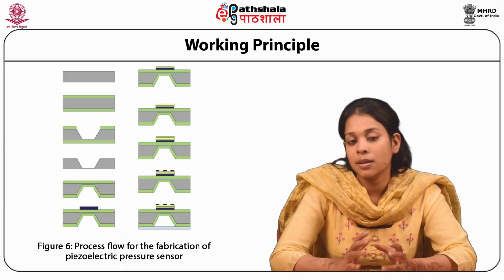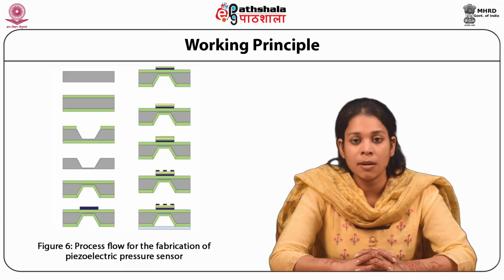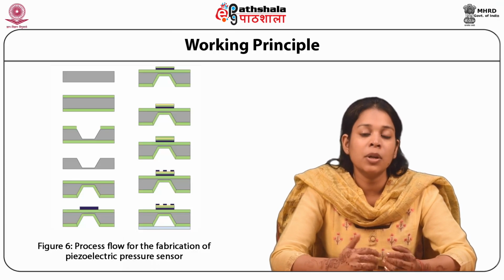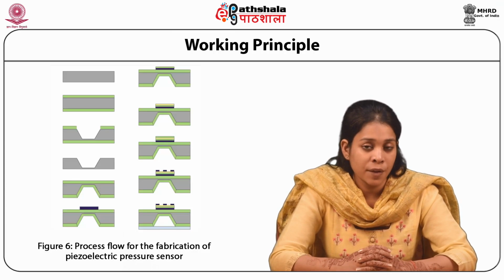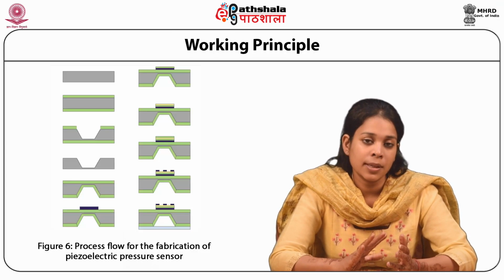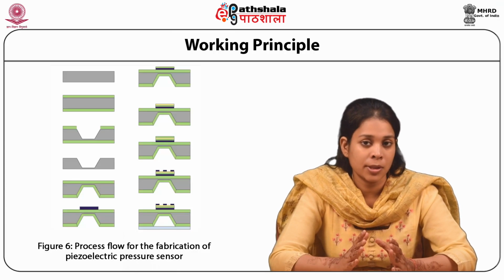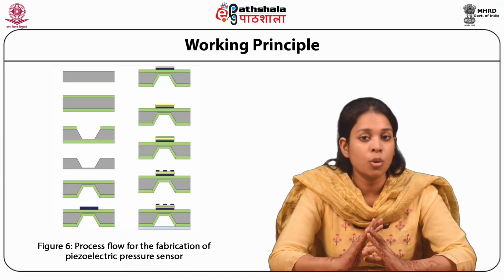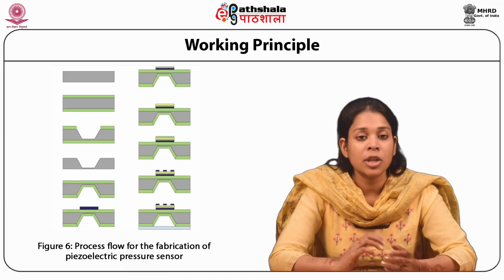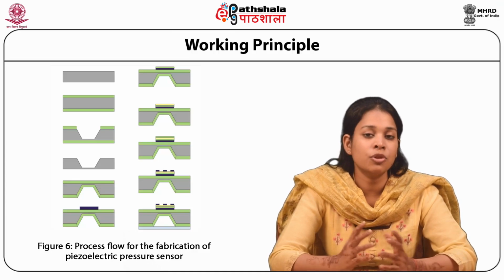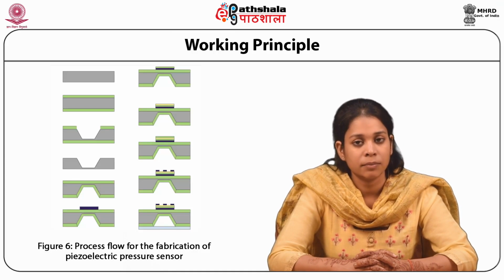So this is the piezoelectric pressure sensor, where the changes will be observed due to the piezoelectric effect, whereas in the previous case, the capacitive pressure sensor, there was no piezoelectric layer, so the changes occur due to change in capacitance.